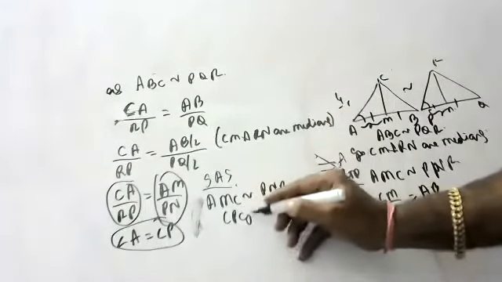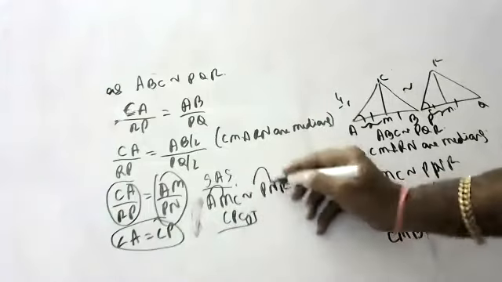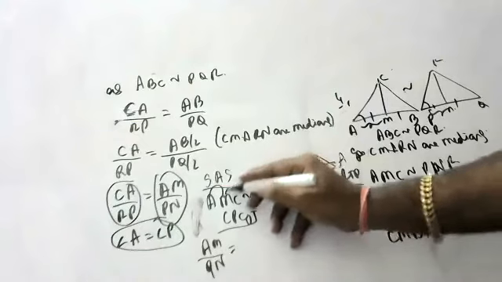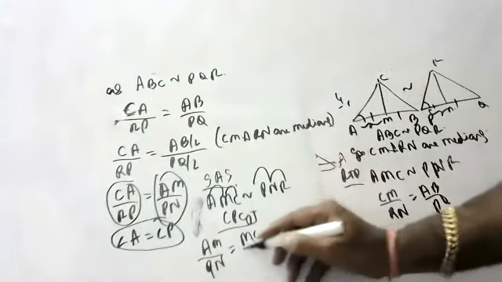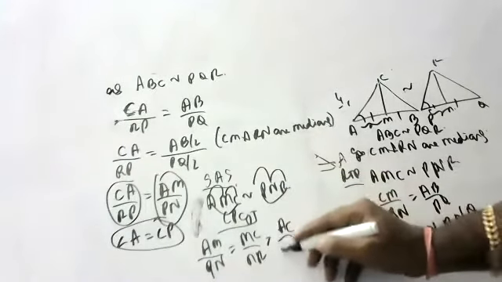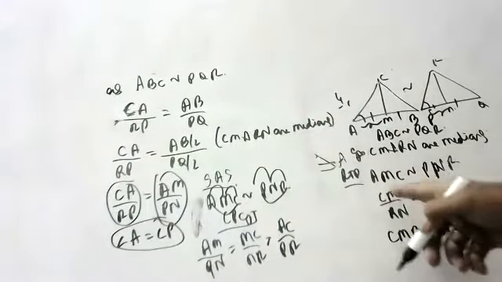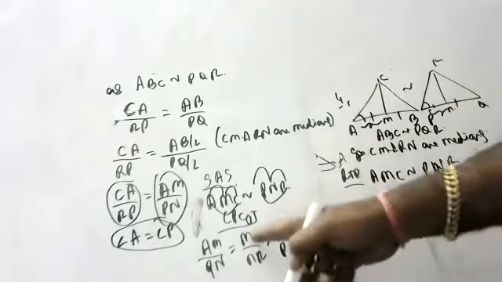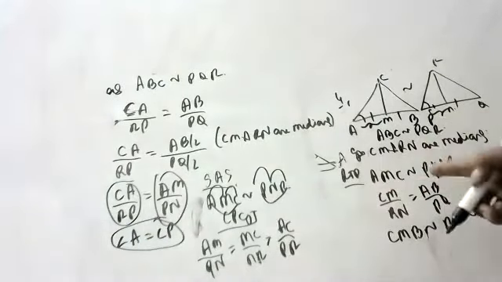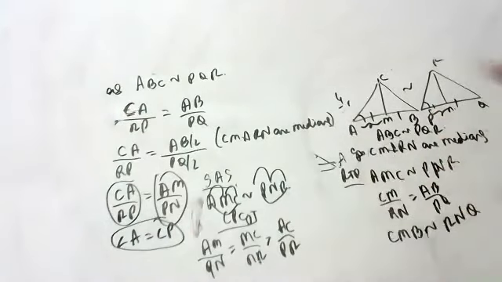Now by CPCT: AM by PN, MC by NR, AC by PR. We want CM by RN is equal to AB by PQ. They want CM by NR is equal to AB by PQ, children.